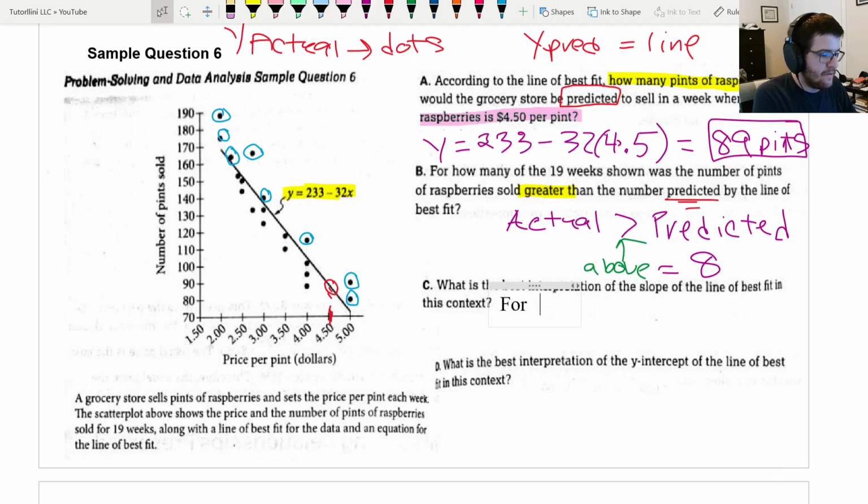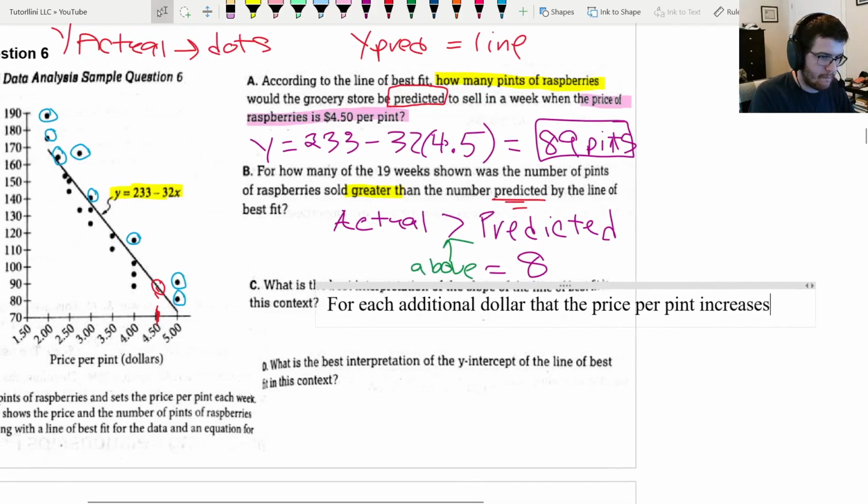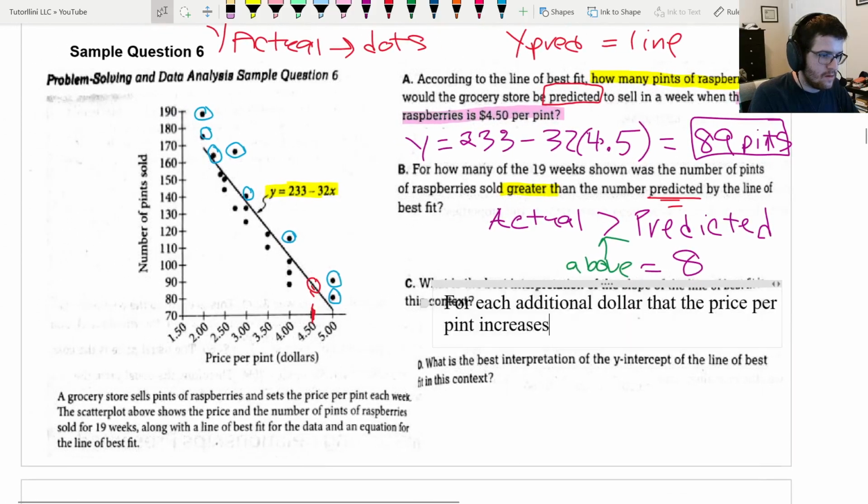so in this problem, for each additional $1 that the price per pint increases, the store is, and this is really important, predicted to sell whatever the slope is.